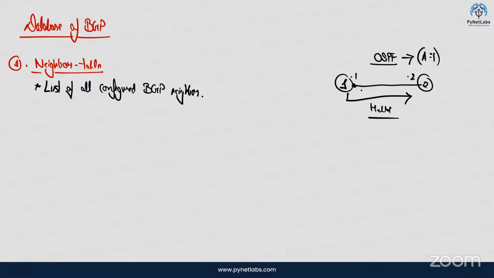So make sure this is a very important point: BGP neighbors are always configured manually, and the network admin, or the one who is managing the network, is responsible for manipulating the BGP neighbor table. Neighbors need to be defined manually.